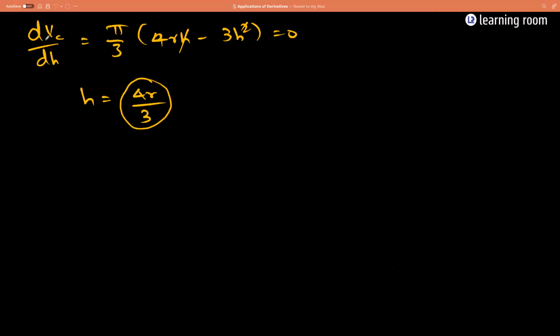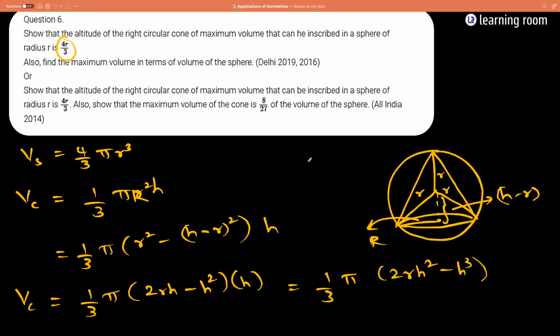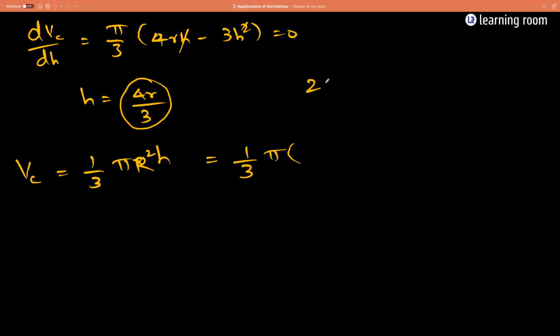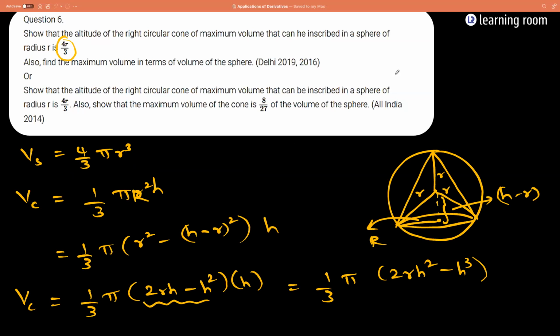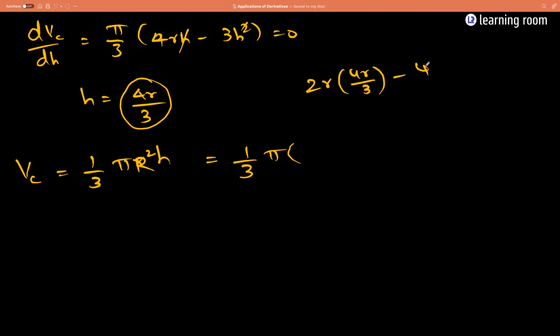Okay. And what is going to be the volume of the cone? So volume of cone will be 1 by 3 pi R square h, capital R square into h. So 1 by 3 into pi into, what is the value of capital R square? It is 2r into small h minus h square. So 2r into small h is 4r divided by 3, minus h square, that is 4r by 3 the whole square.